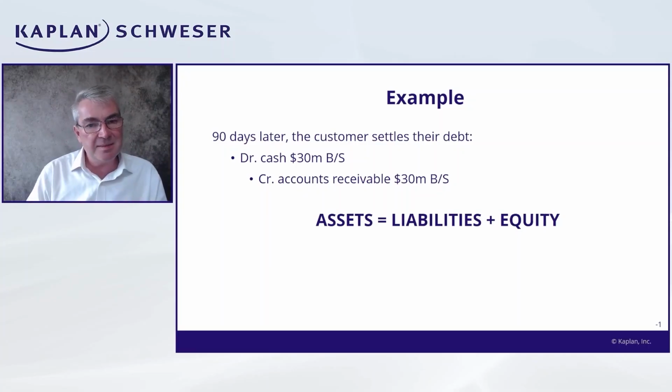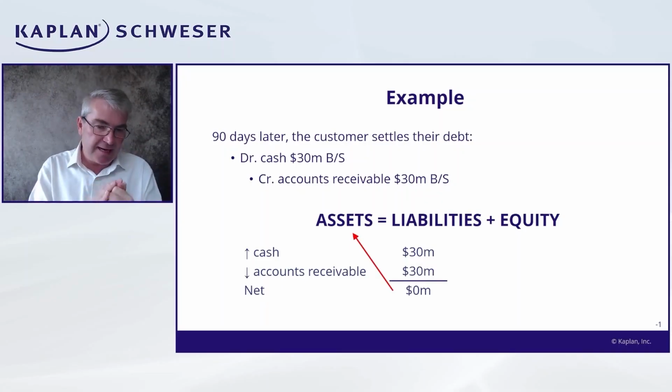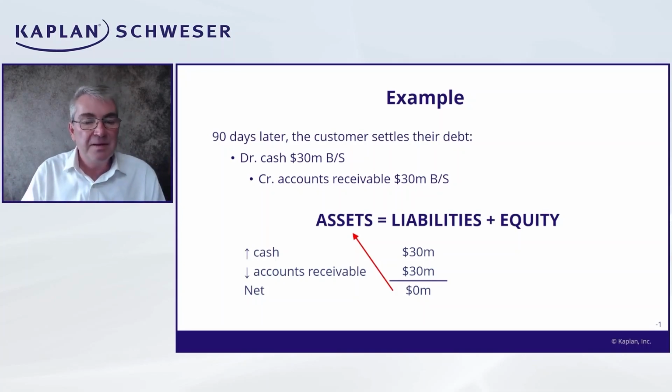So when the customer actually pays us 90 days later, all we're going to do is increase our balance sheet cash by 30 million and eliminate the accounts receivable by 30 million. Yes, the composition of assets has changed because we've now got more cash and less accounts receivable, but overall the change is zero.